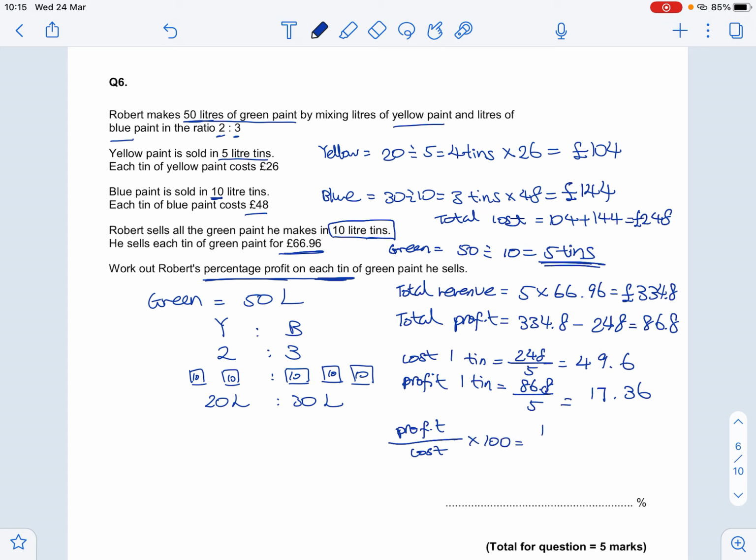So profit is 17.36, cost is 49.6, multiplied by 100. So the percentage profit is 35%.